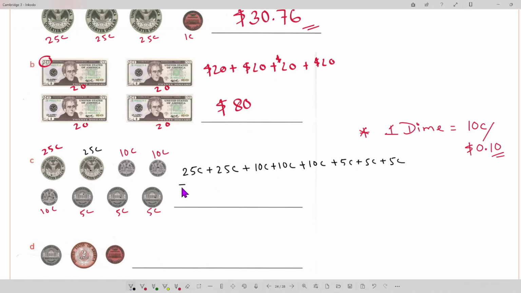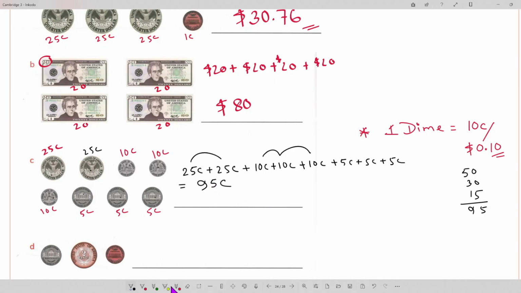So be careful about this one. 25 plus 25 is 50, and here 10 10 10 is 30. 50 plus 30, and here 5 5 5 is 15. So here 5 plus 3 is 8, 8 plus 1 is 9. So we can say our answer is 95 cent.